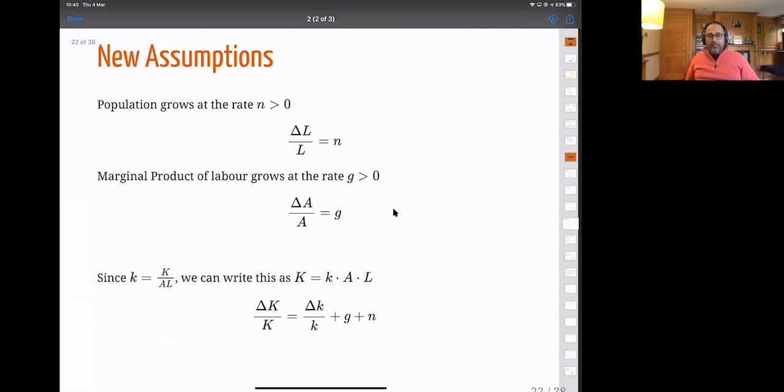So the bit that would explain something useful is these assumptions that we'd assumed that population growth was 0 and the rate at which workers become productive was also 0, right? So if we take away these, we can remove these assumptions.